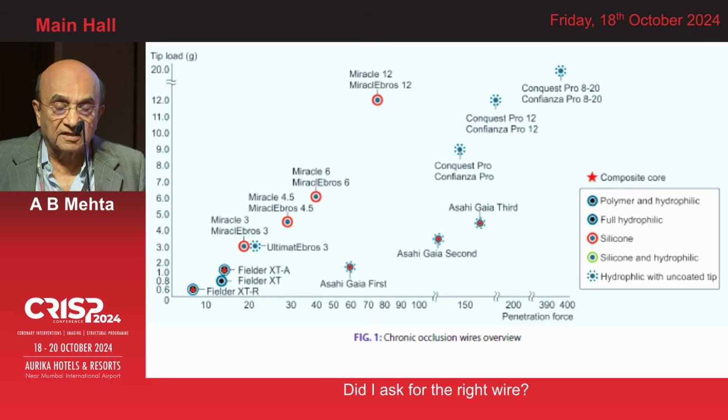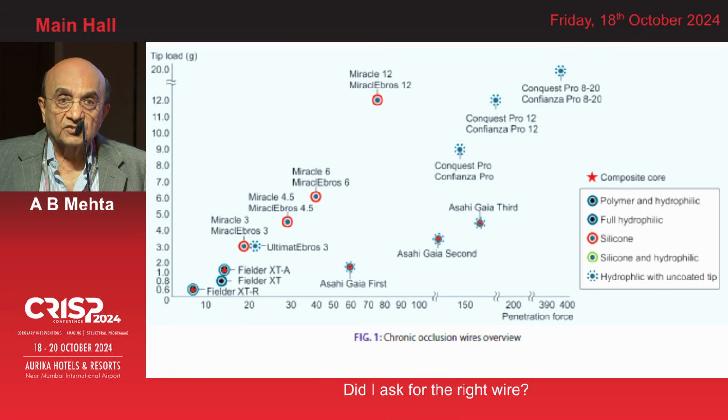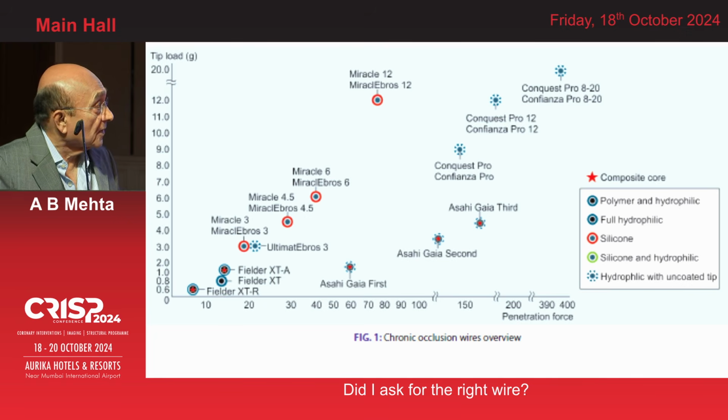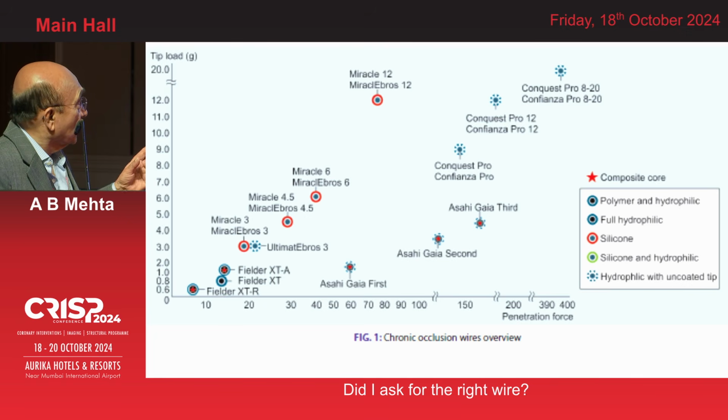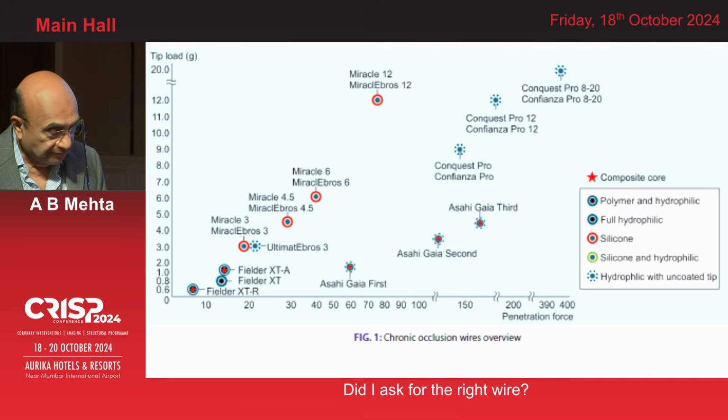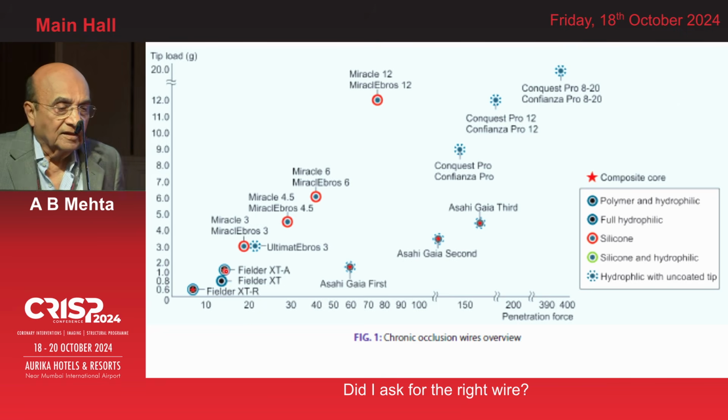Now there are basically 2 qualities of wire: spring coil wires and polymer wires. Here I have shown, is there a pointer or how do I show this? Okay, fine.